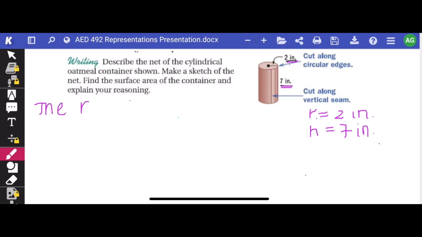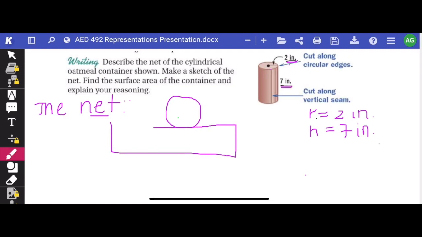And we're going to break apart the net. The net has 3 parts, which will be the top, the curved surface, and then the bottom.